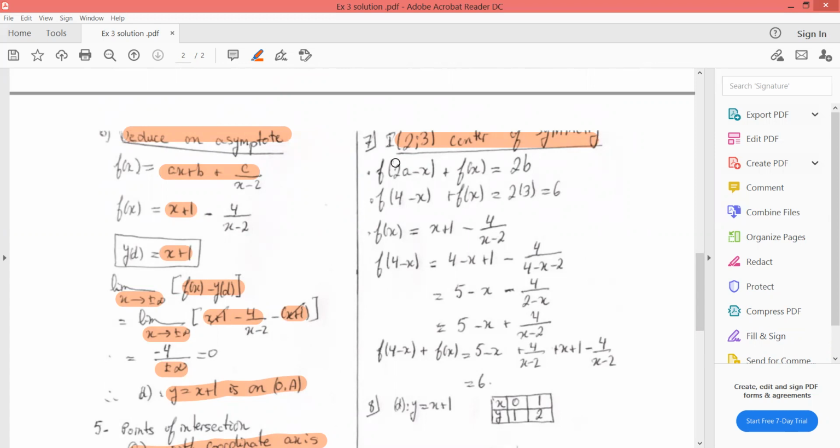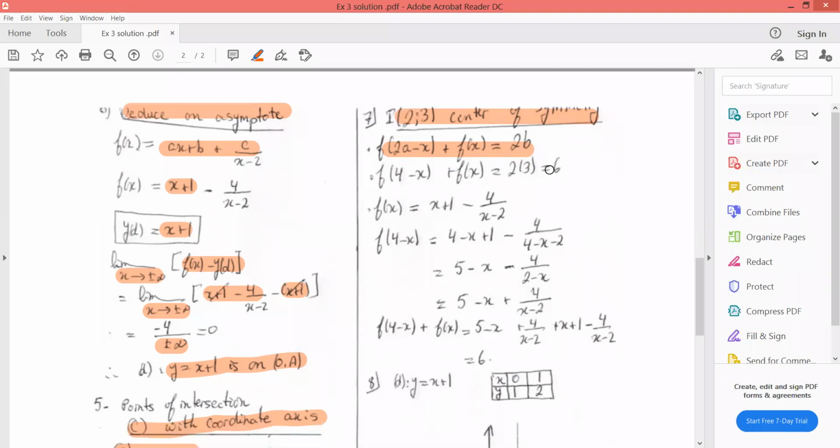The rule of center of symmetry that we have to know: f of (2a minus x) plus f(x) equals 2b. Please make a summary of these rules at the end of your copybook. These rules we are going to use in every chapter about functions. Put them at the end of your copybook. The important rules: equation of the tangent, center of symmetry.